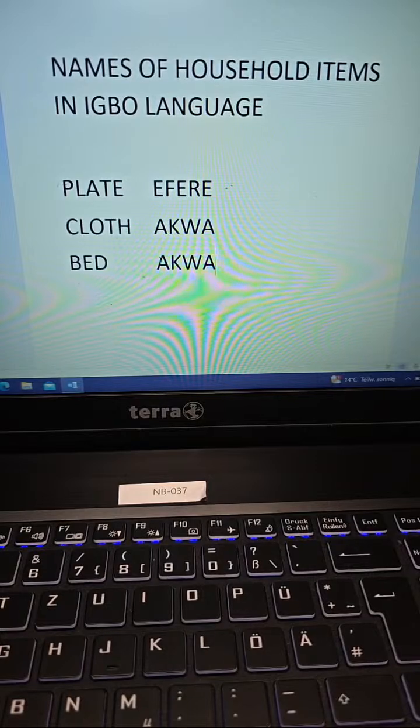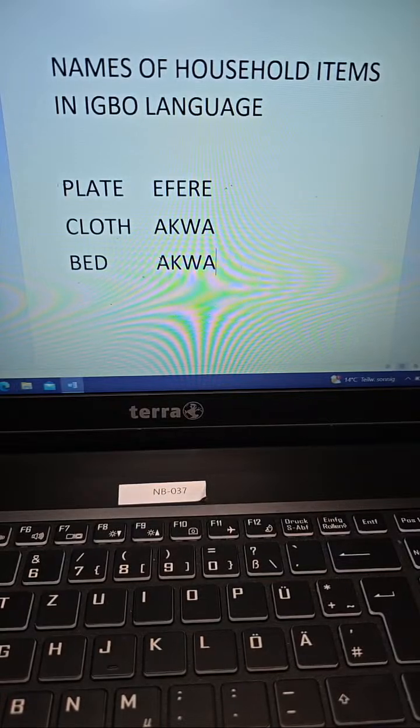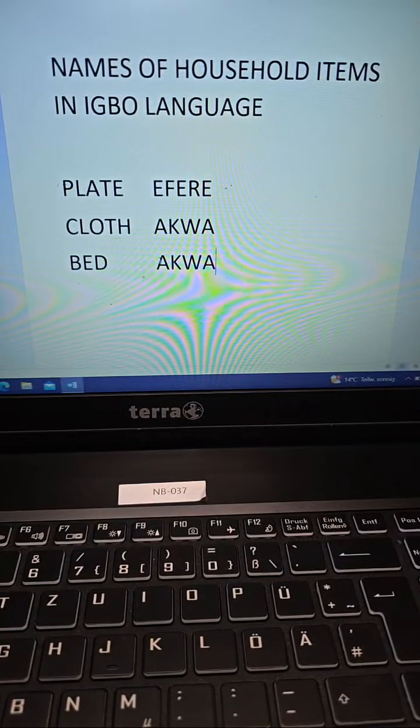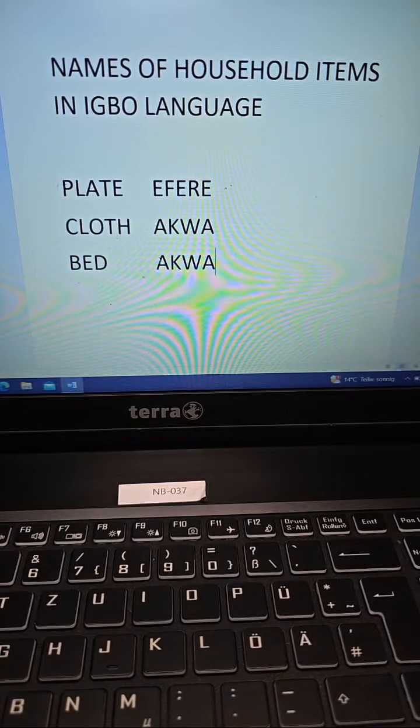For the bed, the first A goes down and the last A goes down. But in the clothes, the two A's go up.